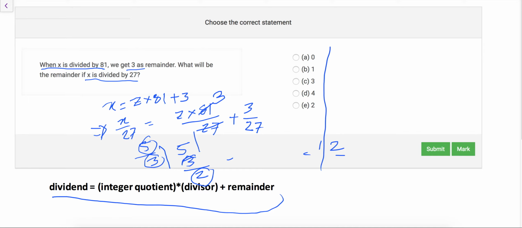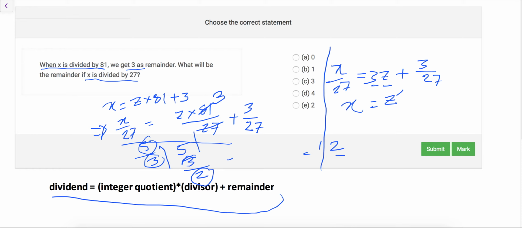So we can rewrite this equation as x by 27 equals 3z plus 3 by 27. Now 3 is a constant, z is another constant, so the multiplication of two constants is another constant. Let's call this constant z prime.